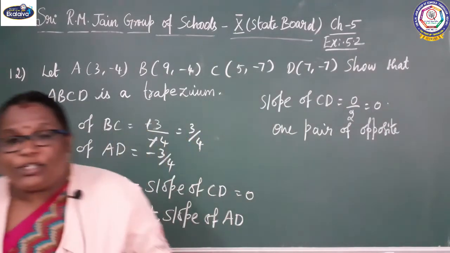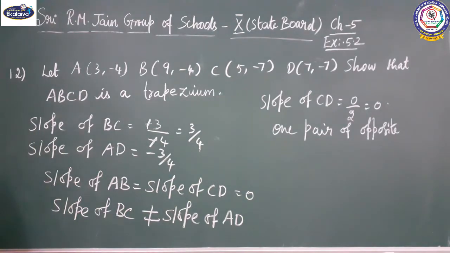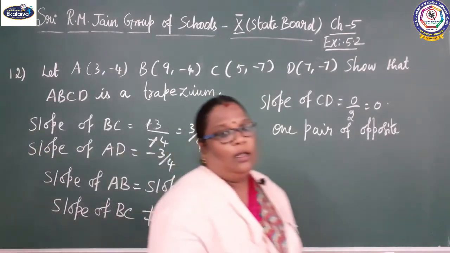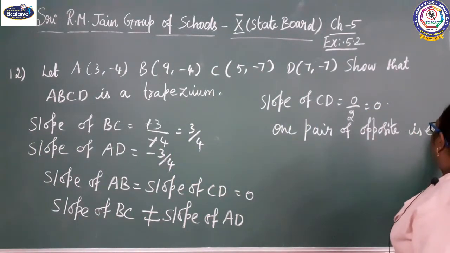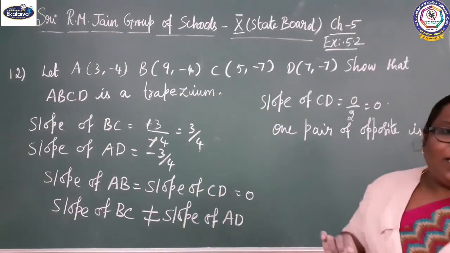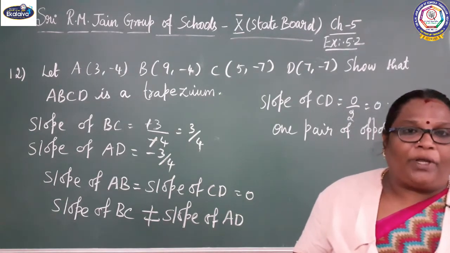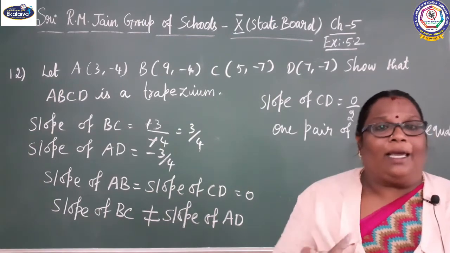Sorry, what is the condition for trapezium? One pair of opposite sides is equal. Opposite sides are parallel. So it forms a trapezium. Any one of the pair is equal.